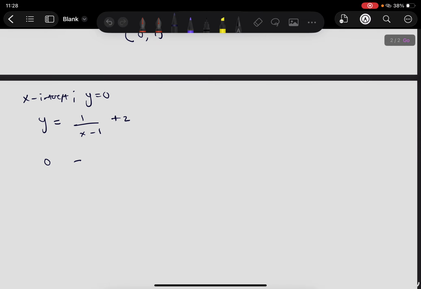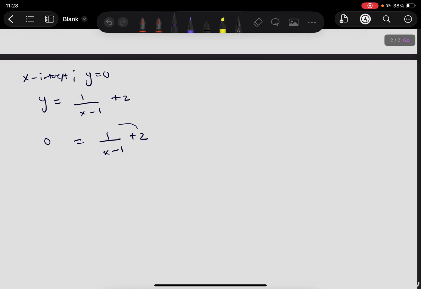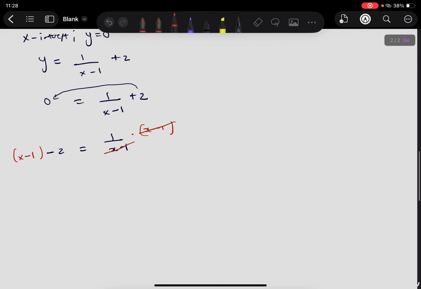This will be 0 is equal to 1 over x minus 1 plus 2. Taking 2 to the other side, we then have minus 2 is equal to 1 over x minus 1. Multiply both sides by x minus 1. What you do on the left, you must do on the right. Multiply by x minus 1. This cancels that.